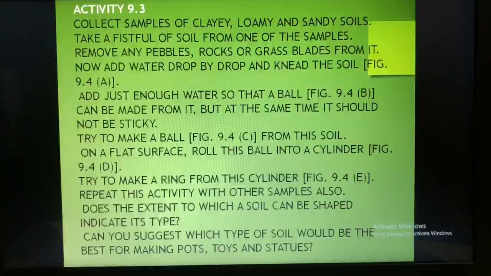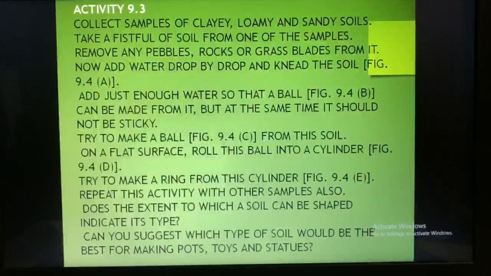Can you suggest which type of soil would be the best for making pots, toys and statues? So can you tell me? Yeah. Which soil? It will be clay soil because it has the water holding capacity. So this type of soil is used for making the pots, toys and the statues. You can do it at home and try to do it.